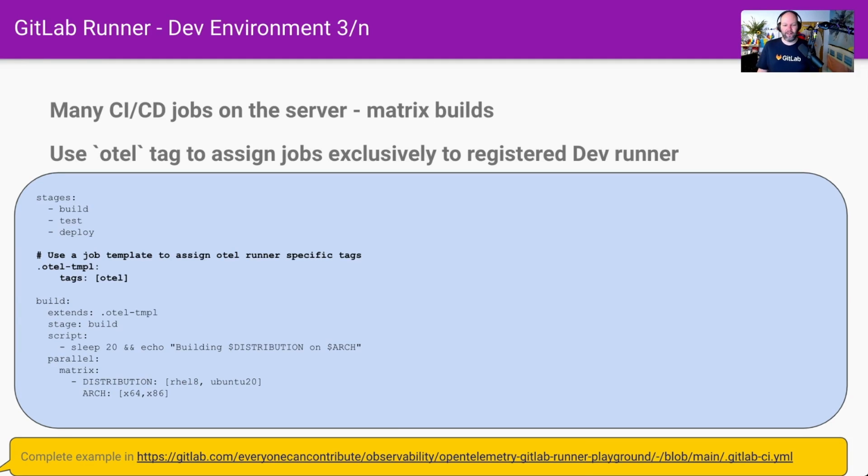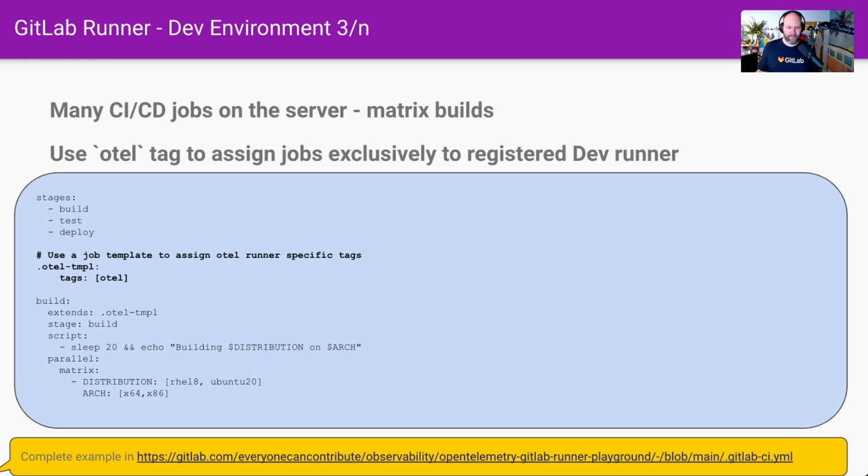The other thing is to really generate CI/CD jobs which do something and sleep a little bit to really stress the runner. In that regard, we're using matrix builds in GitLab CI/CD and some templates with extends using the OTel tag, and then running some jobs.